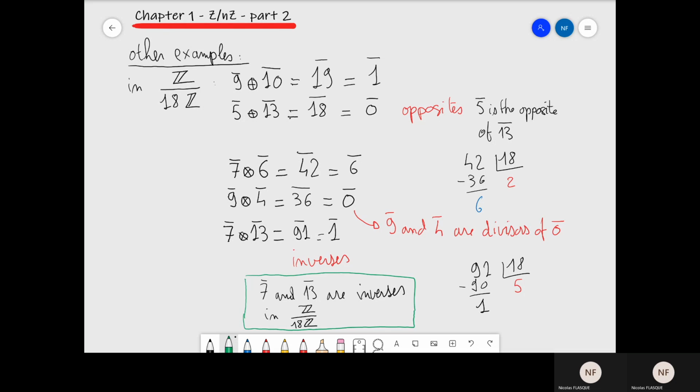That might be false in Z over 19Z or Z over 20Z or whatever value of n. So please remember that all the results of the calculations done as examples in this video are always done for n equal to 18. And that's how simplification is made possible, so that all the final results here have a value between 0 and 17.